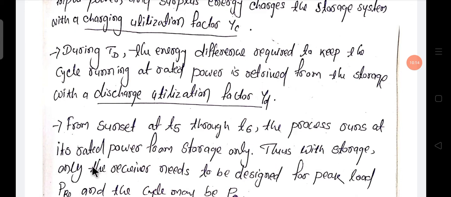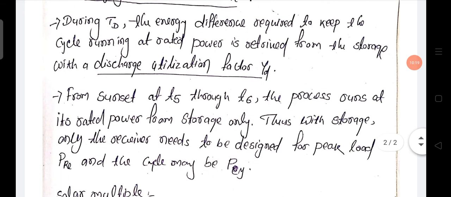Thus, with storage only, the receiver needs to be designed for peak load PRE, and the cycle may be PCY.